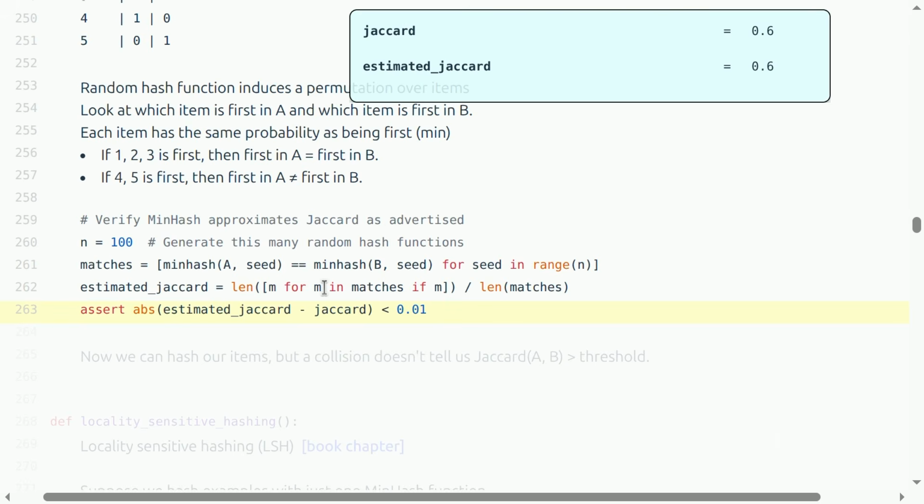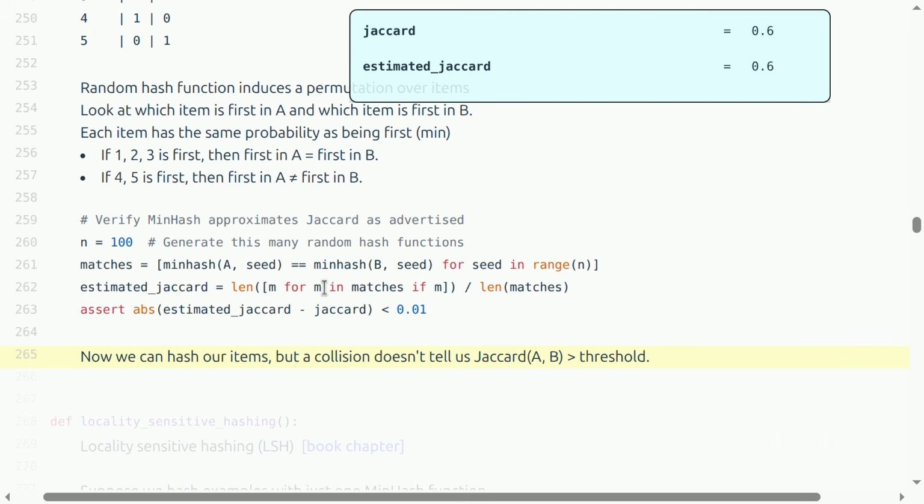So now we can hash our items, but we're not done yet because a collision doesn't tell us the Jaccard is above some threshold, which is what we want. We want to find A and B such that Jaccard is greater than 0.99. All we've said is that if we got a collision, the probability of two things colliding is the Jaccard.